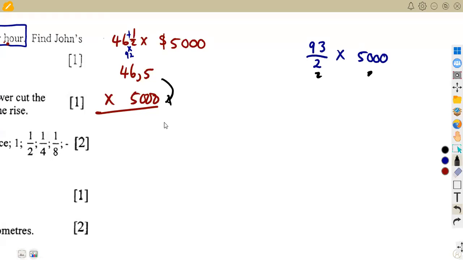I got $230,000. I made a mistake. I multiplied by 92 instead of 93.